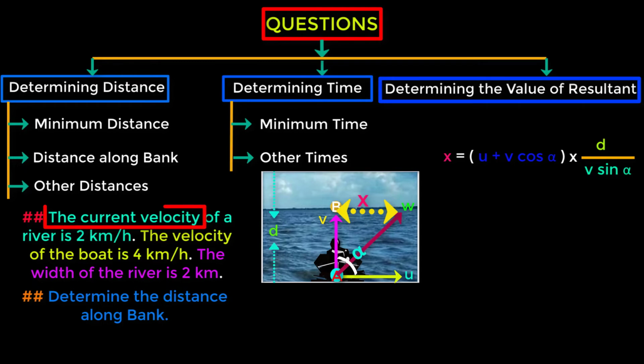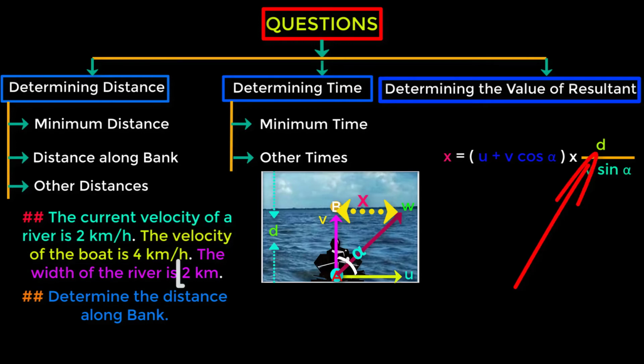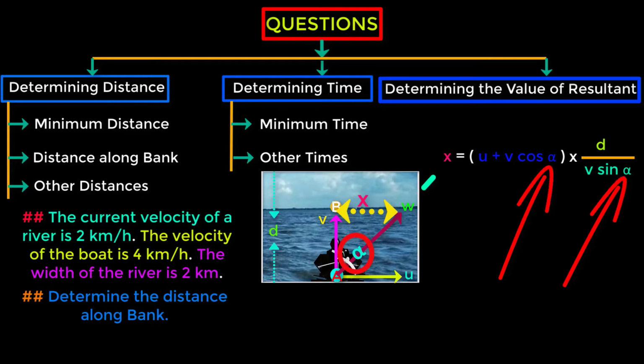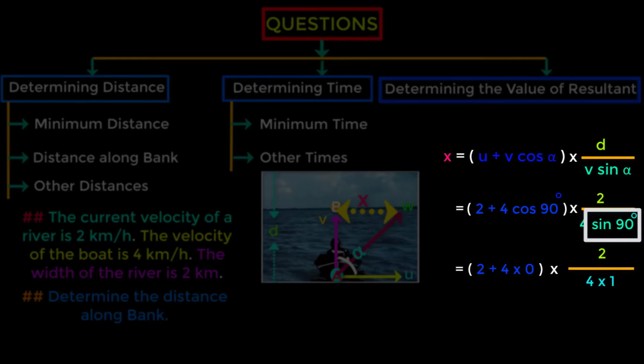Here the velocity of water current u equals 2 km per hour, velocity of boat v equals 4 km per hour, distance d equals 2 km, and alpha equals 90 degrees. So x equals 2 plus 4 cos 90 degrees times 2 over 4 sin 90 degrees, or x equals 2 plus 4 times 0, as cos 90 degrees equals 0, times 2 over 4 times 1, as sin 90 degrees equals 1, or x equals 1 kilometer.